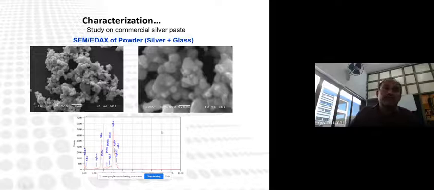Compositionally, EDAX clearly shows that the composite consists of silver, lead, then silica, and some ingredients they purposefully mask so that people will not understand. That is the really tricky part, and we have to understand it.